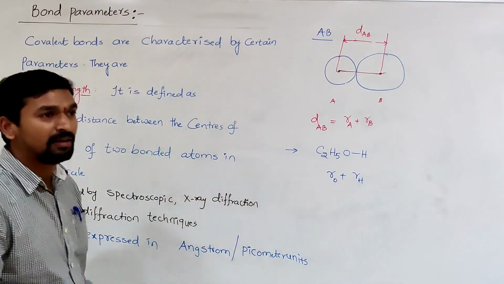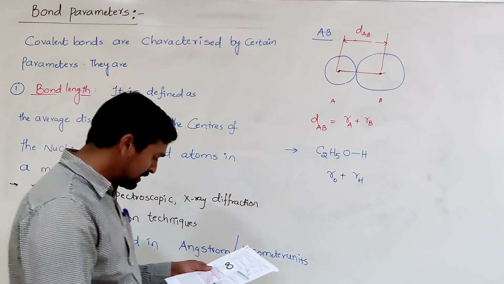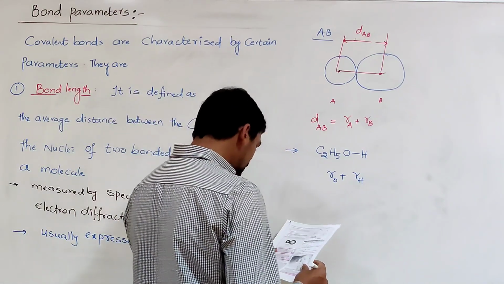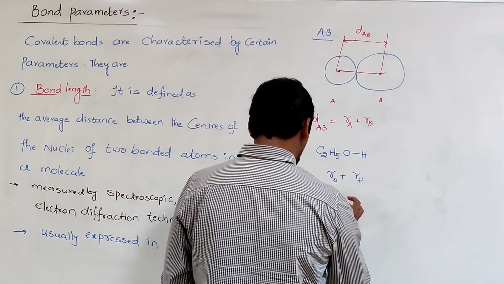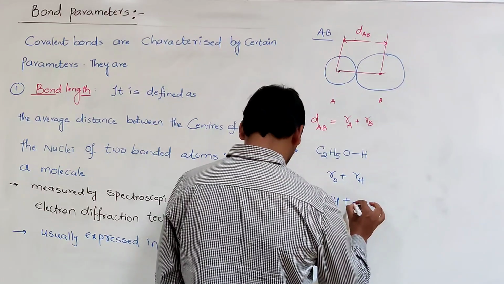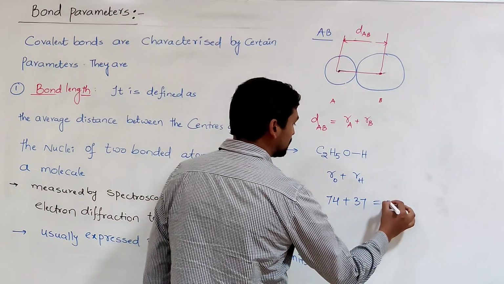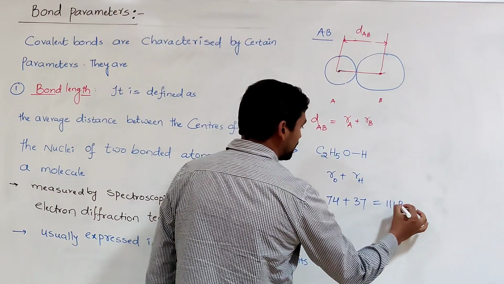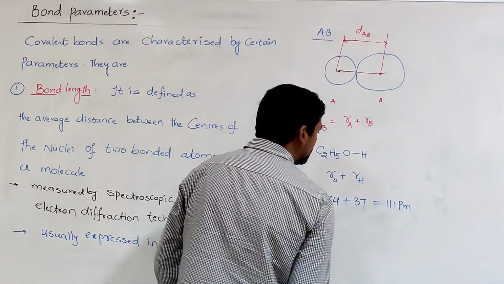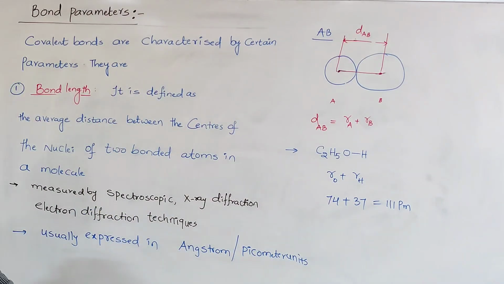The radius of oxygen is 74 plus the radius of hydrogen, 37, so together it is 111 picometer. Like that we can calculate the bond length between two atoms.